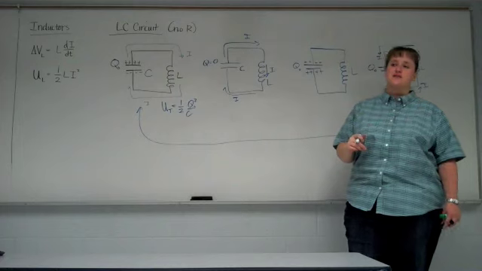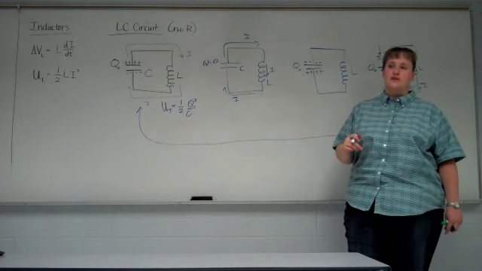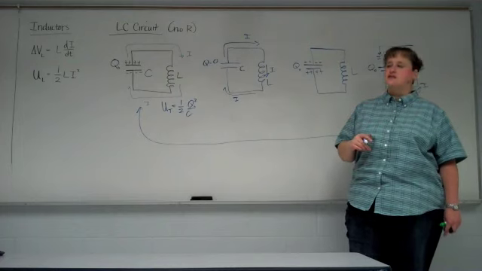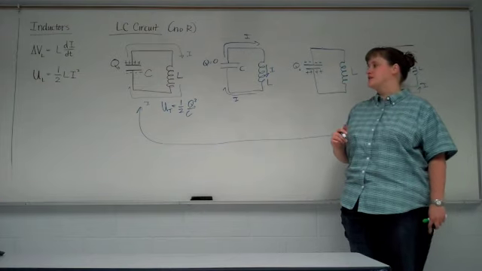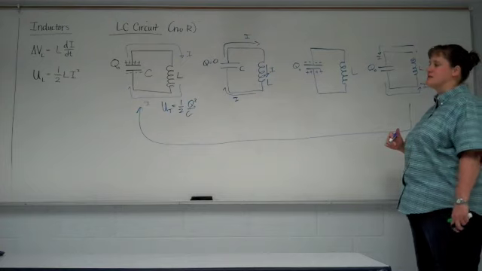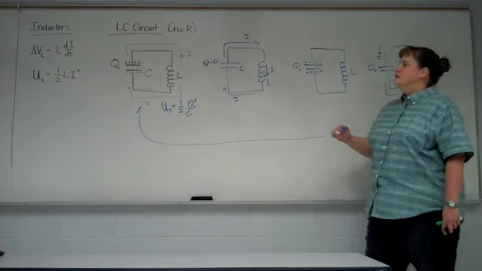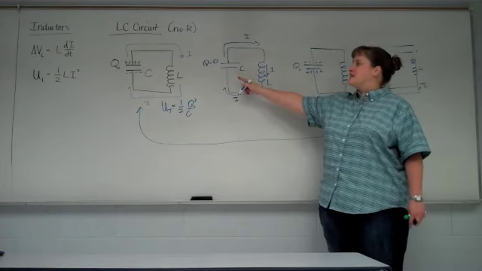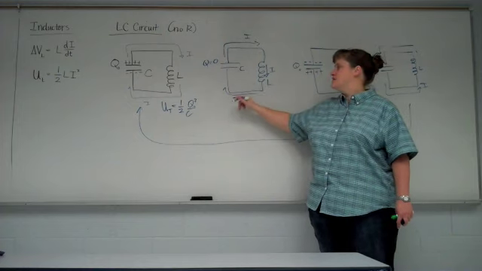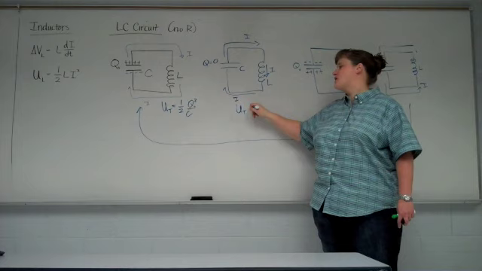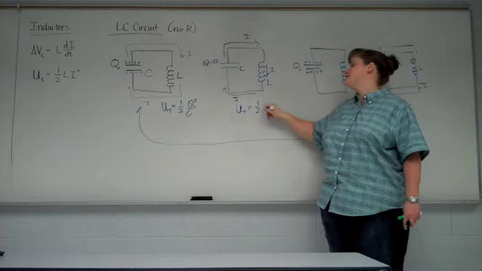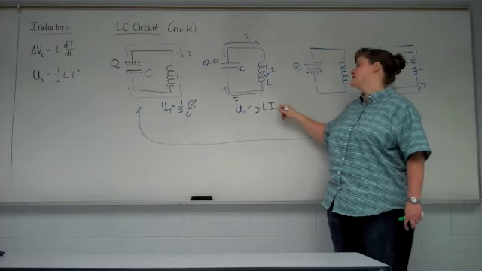So when the capacitor is completely charged and there's no current flowing through the circuit, the capacitor has all the energy, and we can figure out how much energy it has from knowing how much charge it has and its capacitance. When the capacitor is completely discharged, we have all current, a maximum value of current. The total energy is in the inductor.